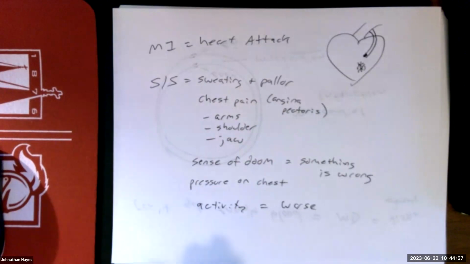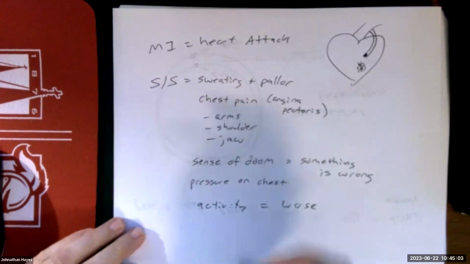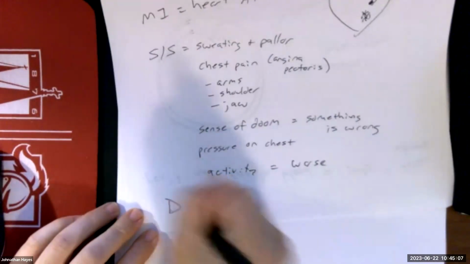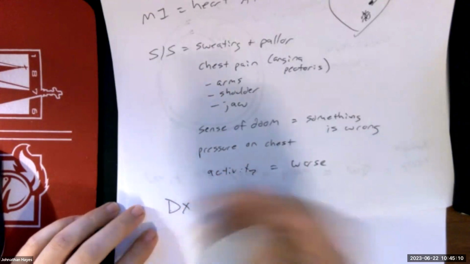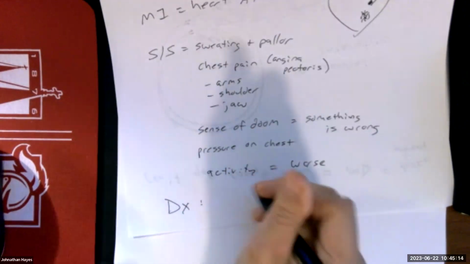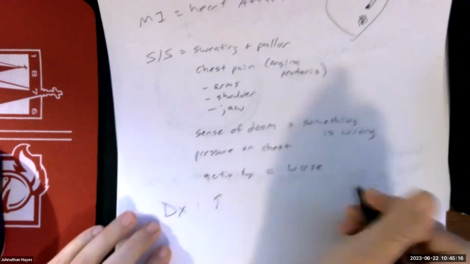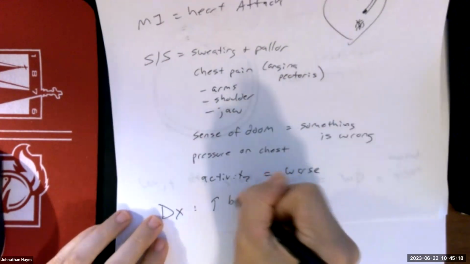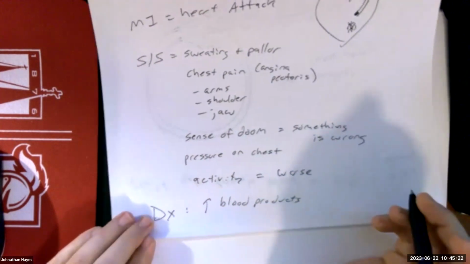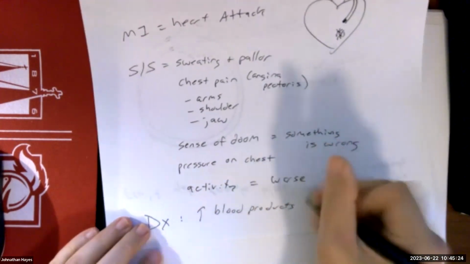So let's say the patient lives through the heart attack. There's certainly ways you could probably diagnose it after the fact, diagnosis wise. So DX sometimes stands for diagnosis. You could look for, say, maybe increased blood products that have to deal with heart cell destruction.